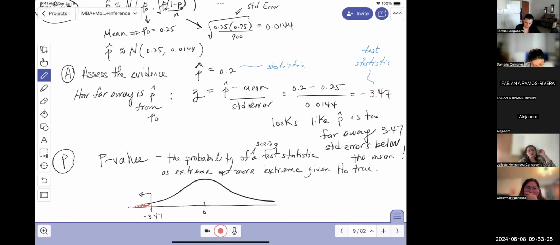I want to see what's the chance of seeing a test statistic as extreme or more extreme. How rare, how bizarre is it? What's the probability of seeing such a thing, or even further away from the center?